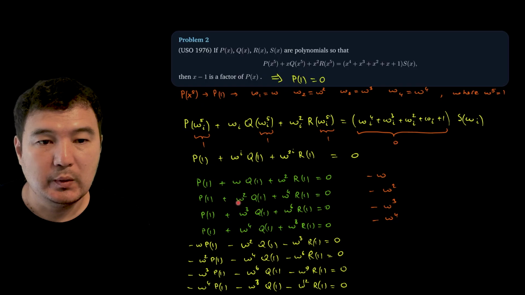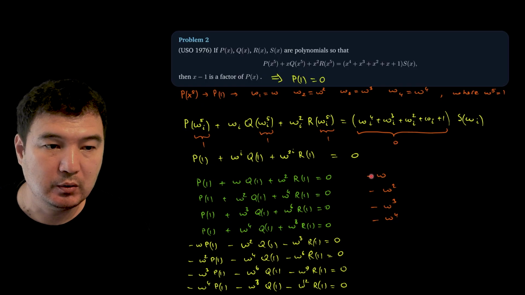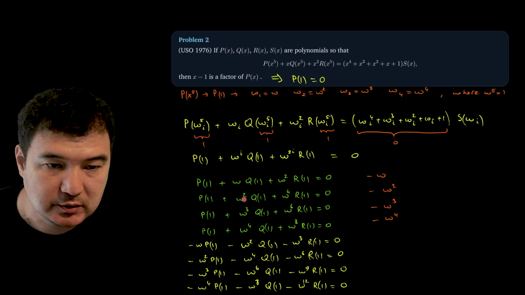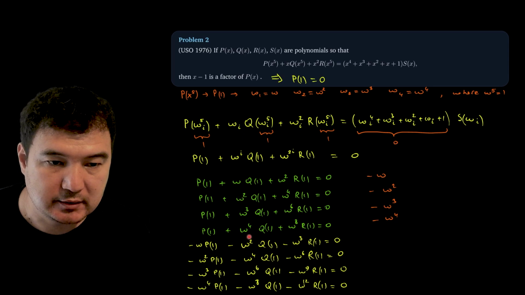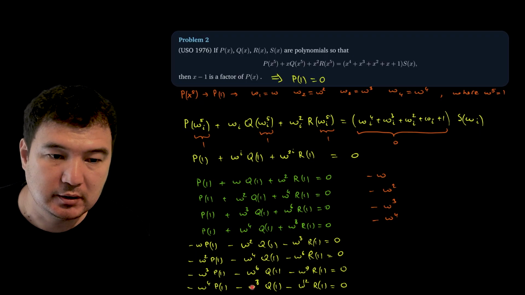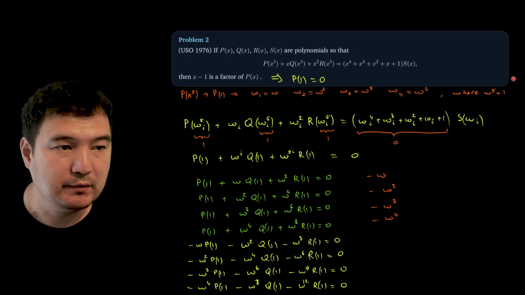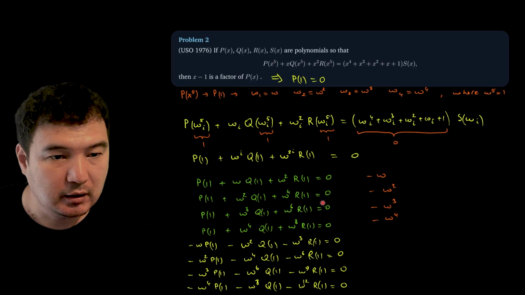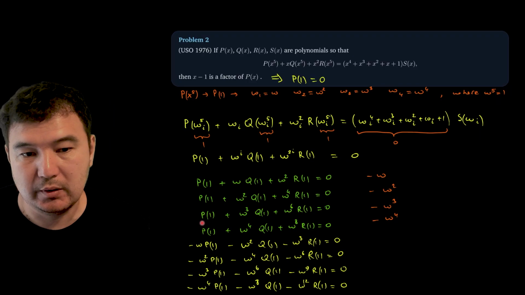What we have now is, if I sum all these equations, you can see omega squared and omega squared get cancelled out. Omega cubed cancels out with this omega 8, because omega 8 and omega cubed are equal, since omega 5 is 1. So the Qs get cancelled, the Rs get cancelled, and we are left with P1s only.